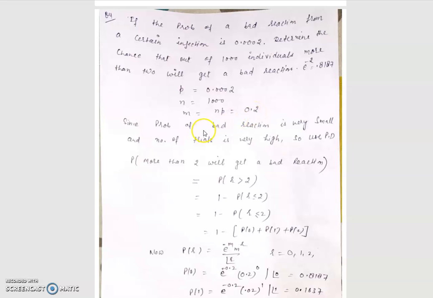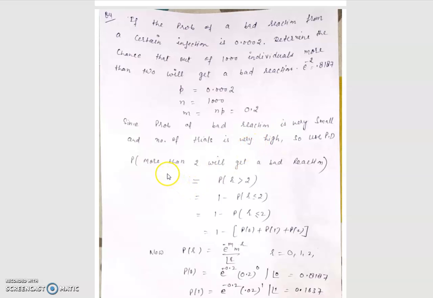I have already told you that we can apply the Poisson distribution when n is very large and p is very small. Here the probability of a bad reaction is very small and the number of trials is very high, so we use the Poisson distribution.